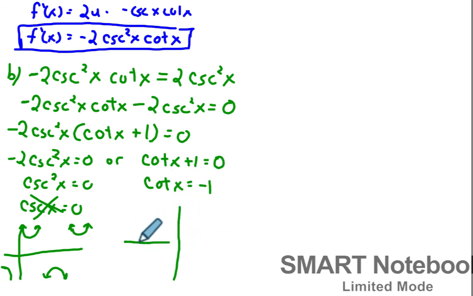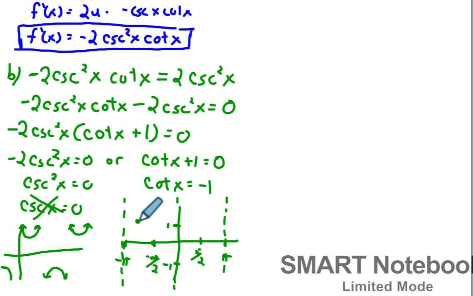Now cotangent x, I need to figure out when it's equal to negative 1. So I'm going to do a quick sketch of cotangent of x. And I'm going to do this graph from negative pi to pi. So remember, on cotangent x, I have asymptotes at negative pi, 0, and pi. And then I have a graph that goes at halfway point for each of these.